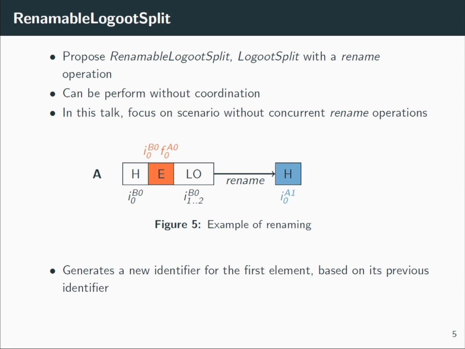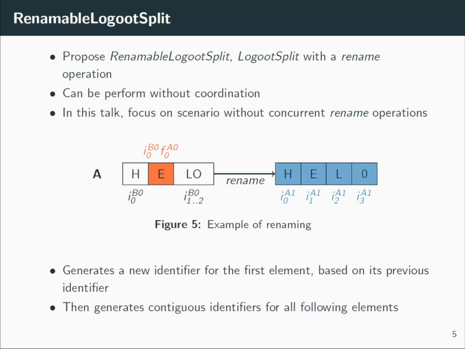And then, for all remaining elements, we just consecutively increase the offset. This way we are able to generate and assign contiguous identifiers for all elements, and then we can aggregate them into only one block to minimize the data structure overhead.